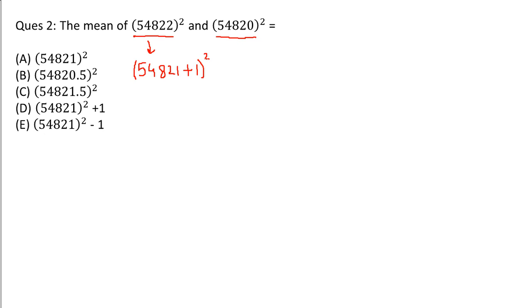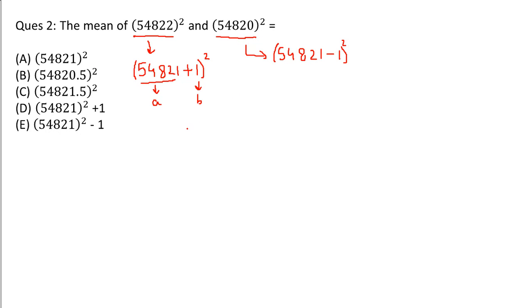to the power 2. And similarly, 54,820 can be written as (54,821 minus 1) whole square. Now call 54,821 as A and 1 as B. So I need to find the mean of these two huge numbers.